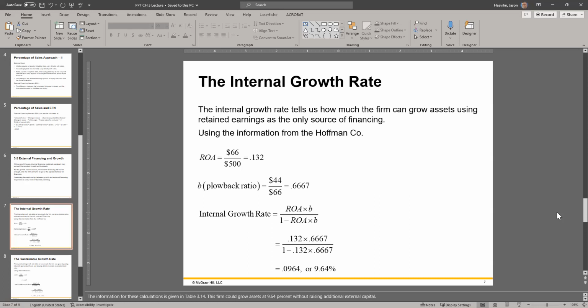We already had the two numbers we needed. And once you do the mathematical magic of algebra and arithmetic, you end up with 9.64%. This means that if your sales grow at 9.64% or less, you may continue using internal funds and continue your dividend policy, etc. So if your sales growth is 9.64% or less, it can be supported by in-house financing, to put it that way.